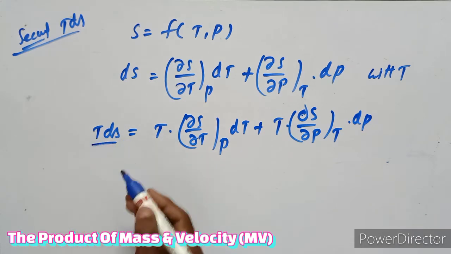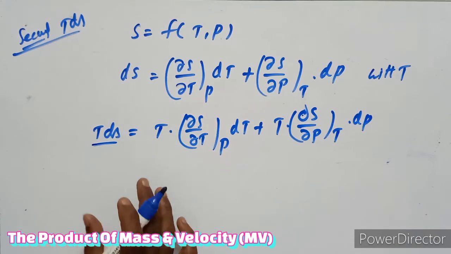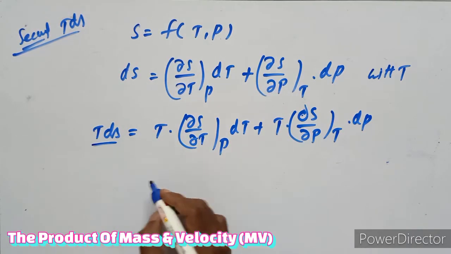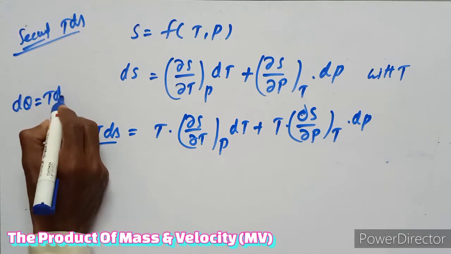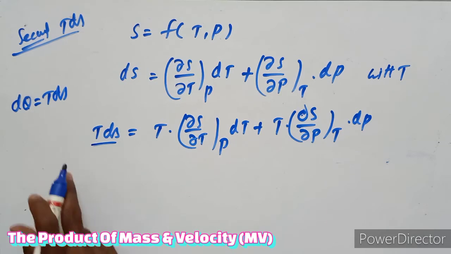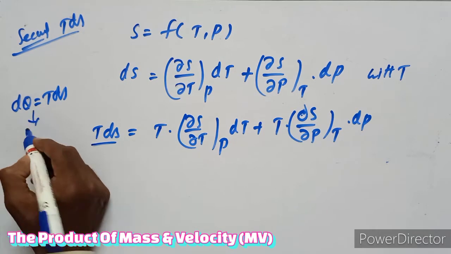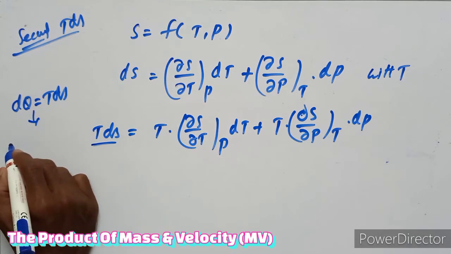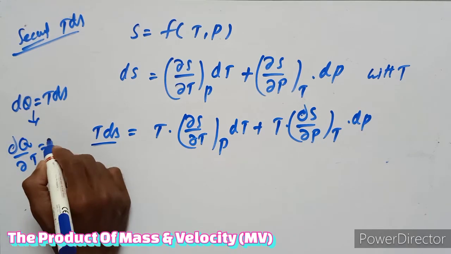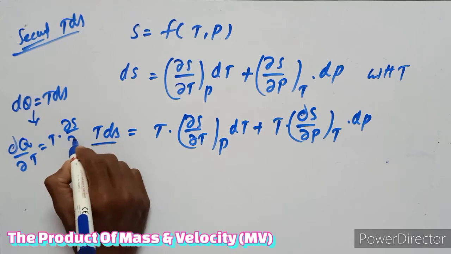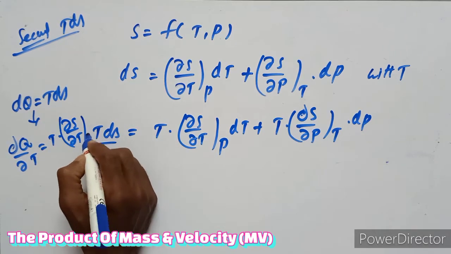Already we know that dq equals Tds. Then dou q upon dou t equals T into dou s upon dou t at p.